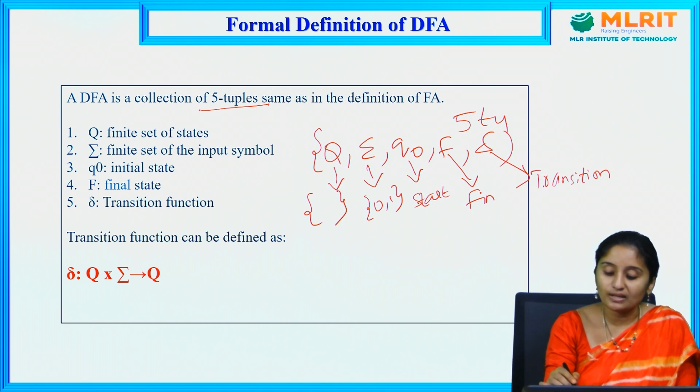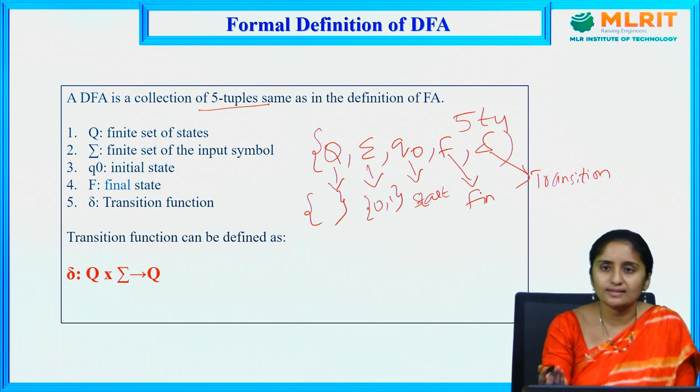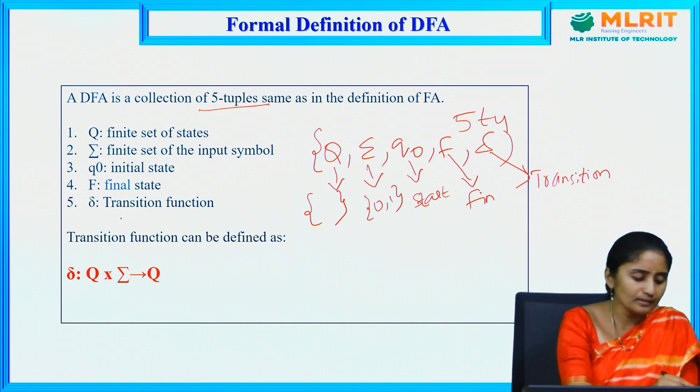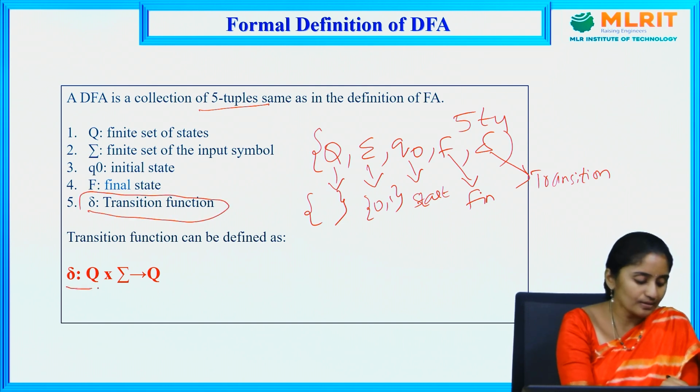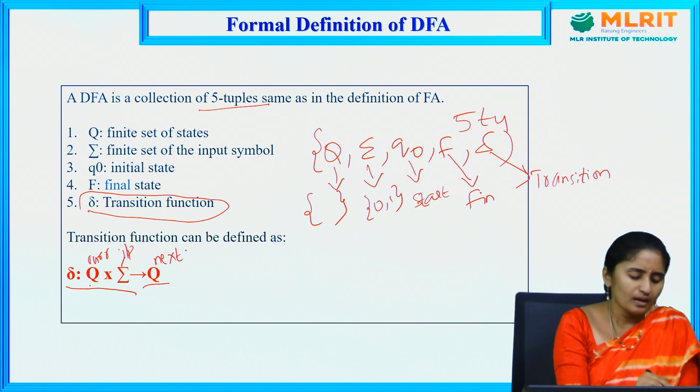Transition function is nothing but when one input occurs on one state, either it stays in the same state or moves to the next state. So all the things are done by this transition function. See here, delta of Q, sigma: Q is the current state, and sigma is the input symbol. It is moving to the next state. Every time a different next state?